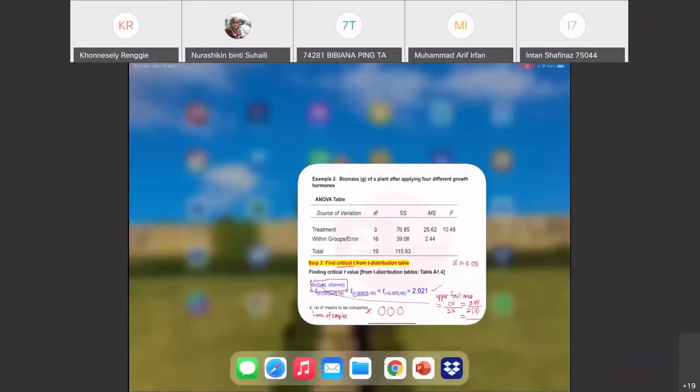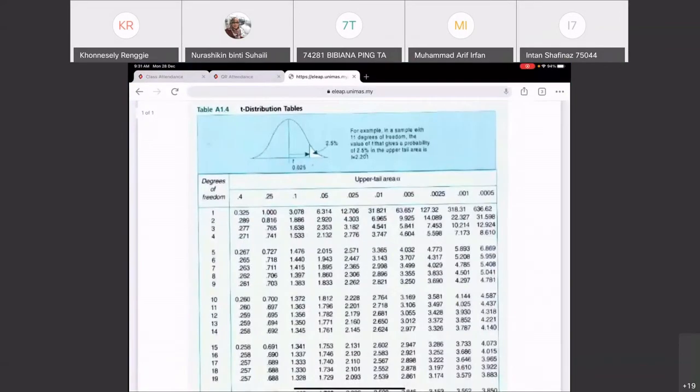If you refer to the t table, the value is actually 0.006, but the nearest value here is 0.005. So you just take the nearest value. Unless it is the midpoint between 0.0025 and 0.005, then you can just take the middle value. But since in this case 0.006 is not the middle value, you just take the nearest value, which is 0.005.